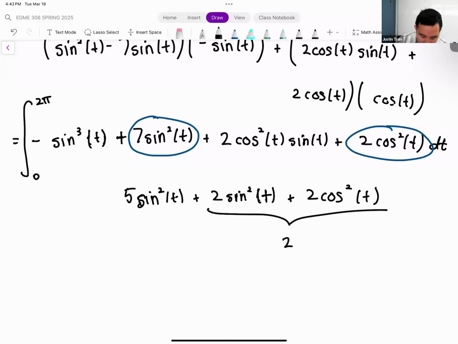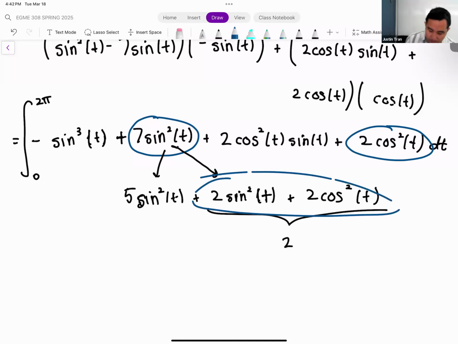So the 5 came from, I just separated these two out. So I separated the 7 sine squared of t into 5 sine squared of t plus 2 sine squared of t. So I did that just so I can combine it together with this 2 cosine squared of t. Yeah, so I'm not going to go through the trig identities for everything here.